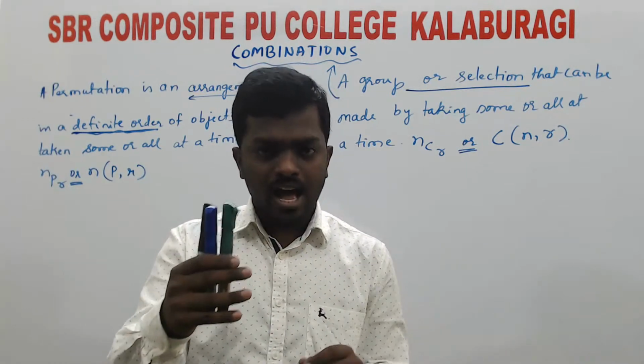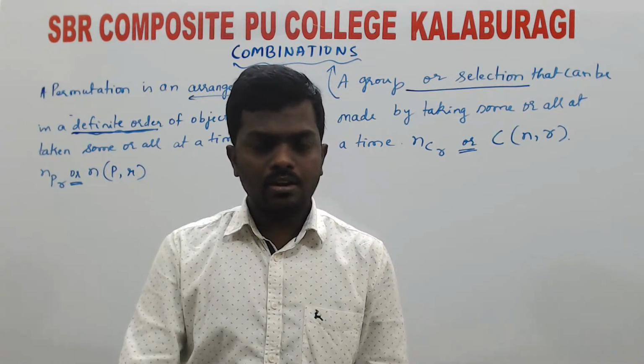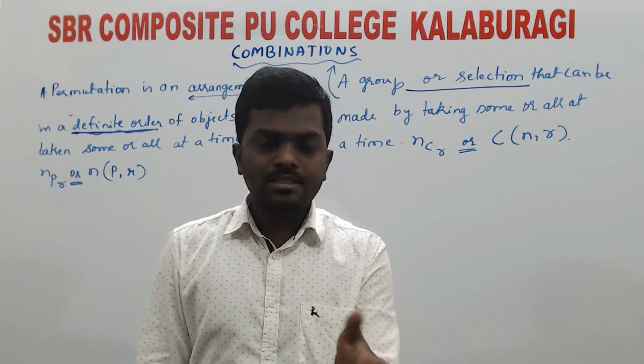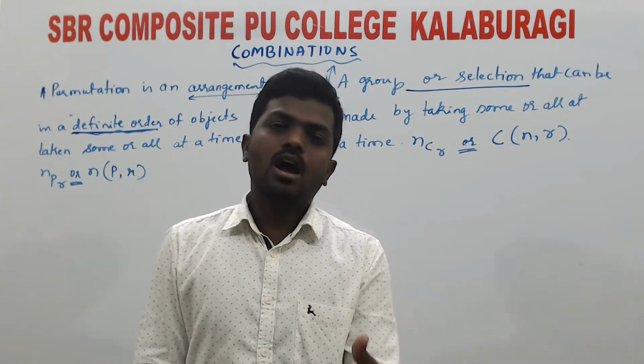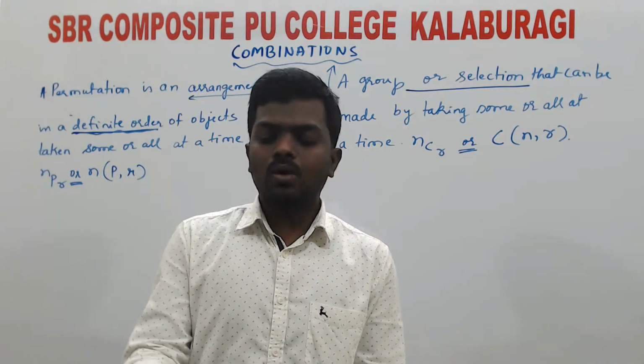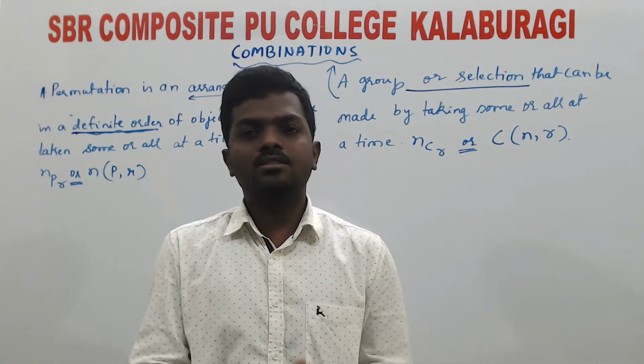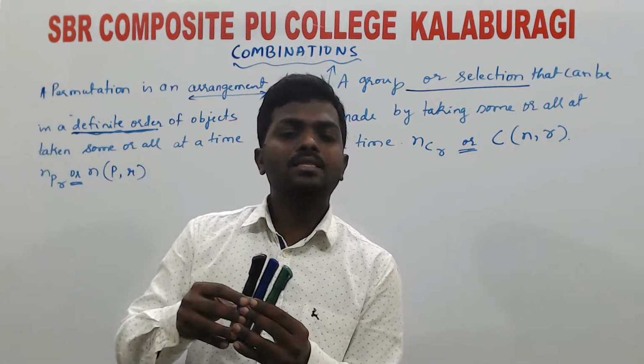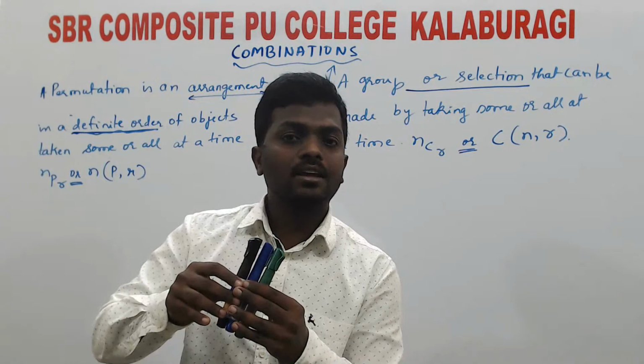So these three are kept on the table now. The pens on the table don't arrange among themselves. Automatically they can't arrange; one pen won't start walking and arrange itself. So we have to pick them. What are we doing? We are selecting.